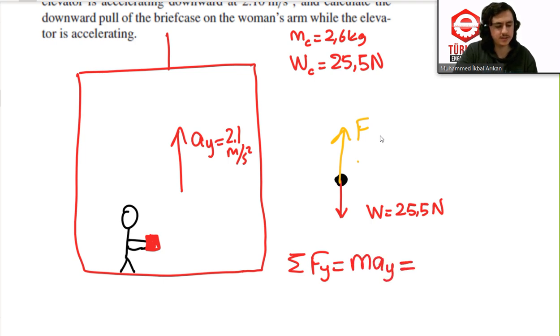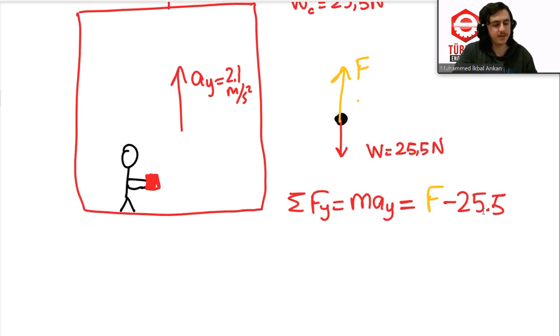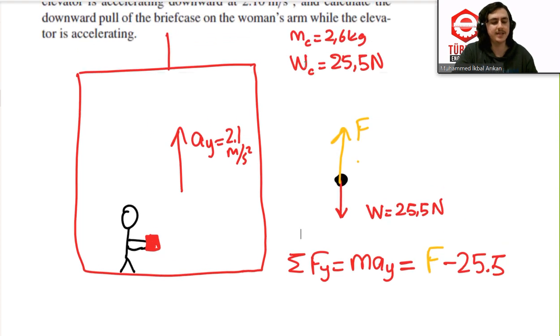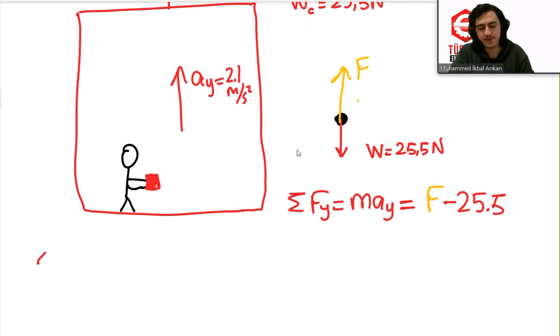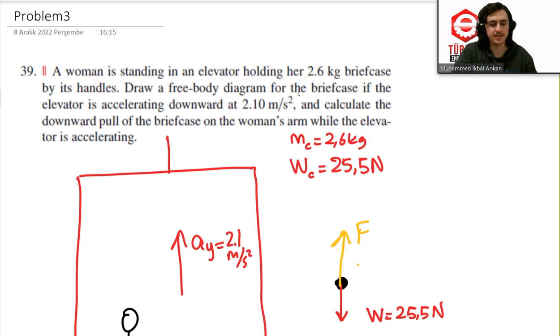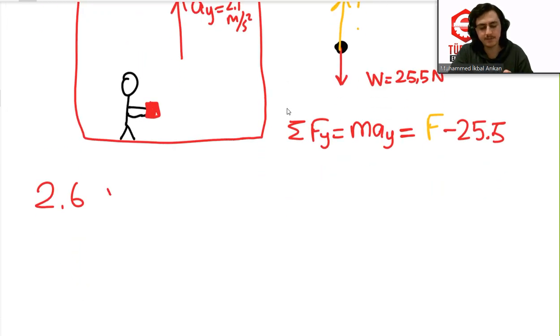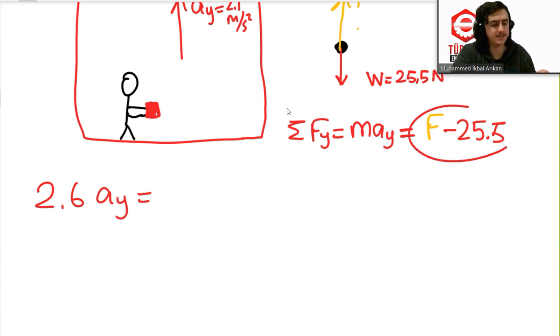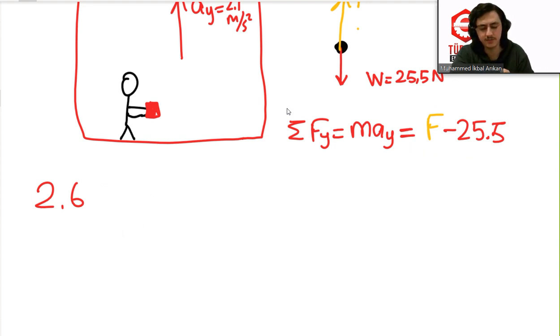So the forces are F minus 25.5, and these must be equal to m times acceleration in y. And I will not take the mass of the woman because I'm making a free body diagram for the briefcase. So I must take the weight of the briefcase. The mass of the briefcase, which is 2.6 kilograms, times acceleration in y must be equal to F minus this one. But I know the acceleration in y, so I will put the value.